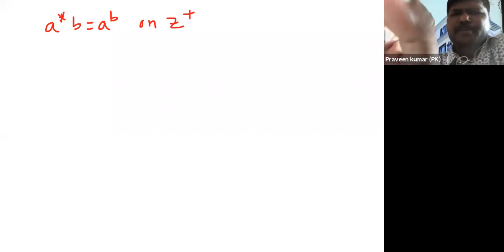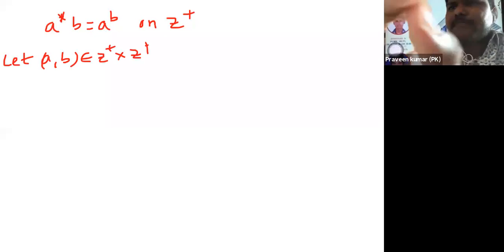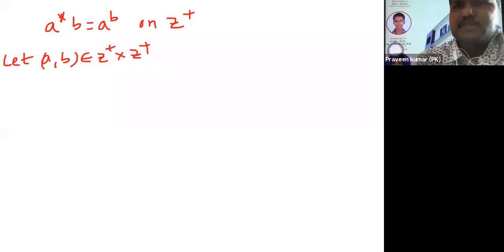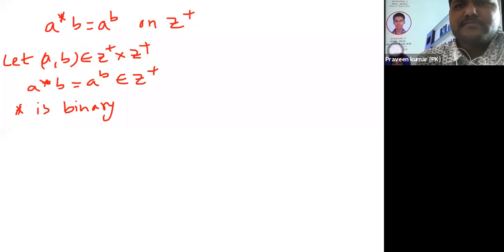It is a binary operation because let A, B belong to Z plus cross Z plus. Correct. A star B is equal to A power B. It belongs to Z plus. Star is a binary operation. Here star is a function.